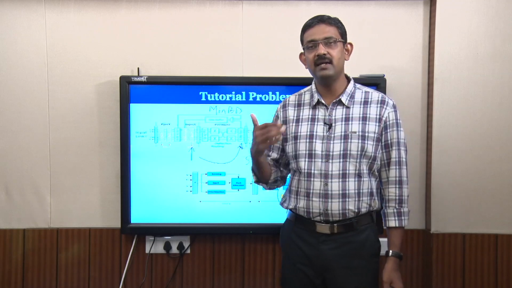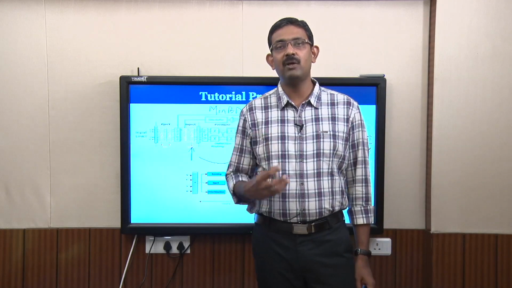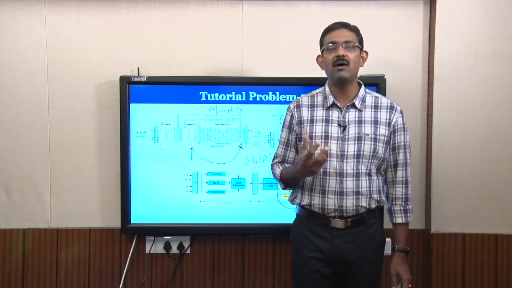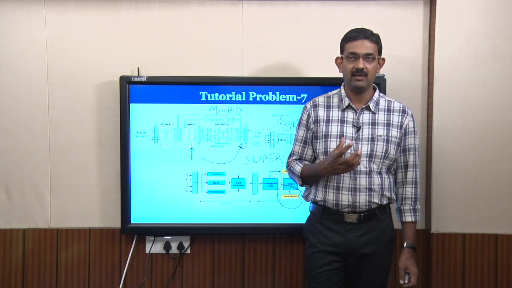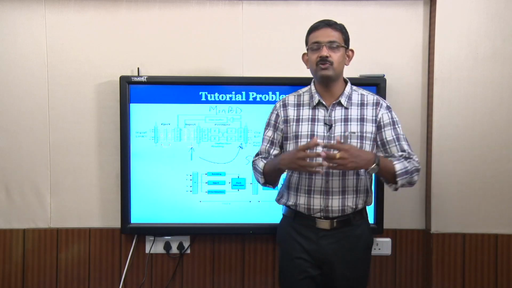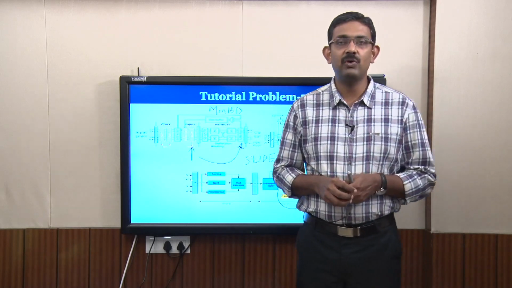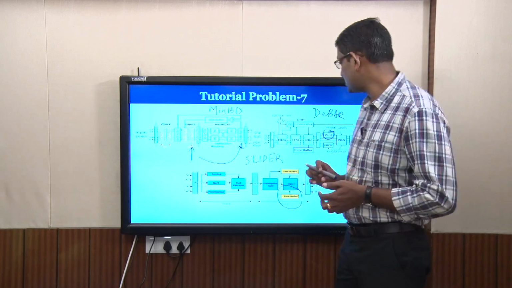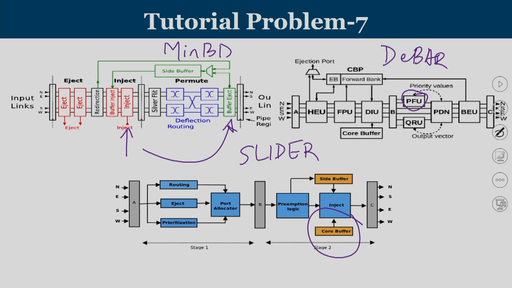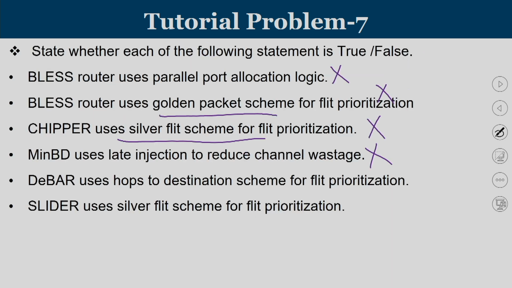To get rid of that, in the DBAR design they are finding a better priority scheme, and DBAR works with hops to destination priority. Whenever I reach closer to the destination, my priority is going to increase. So the statement that DBAR uses hops to destination scheme for flit prioritization is true.